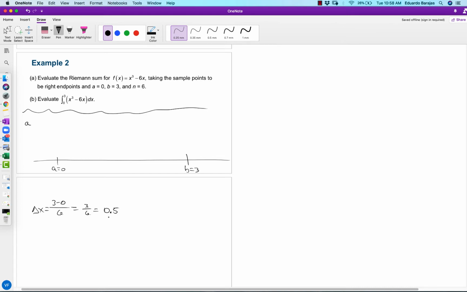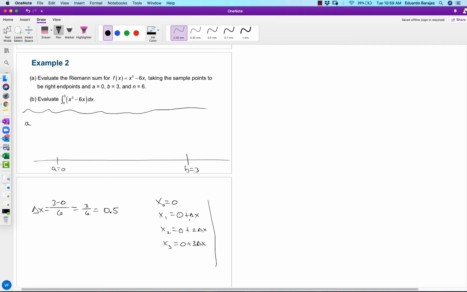Okay, so that means let's make our list of x naughts. x naught is going to be 0. x1 is going to be equal to 0 plus a delta x. x2 is going to be equal to 0 plus 2 delta x's. x3 is going to be 0 plus 3 delta x's, and so on and so forth.